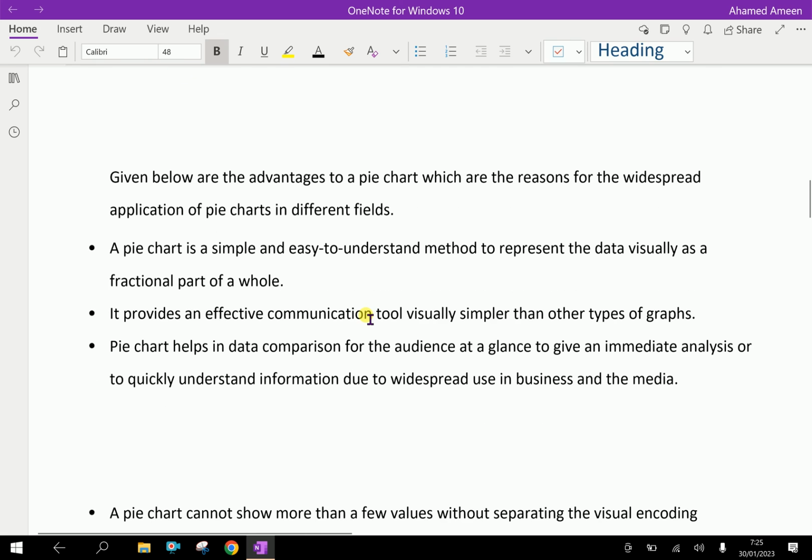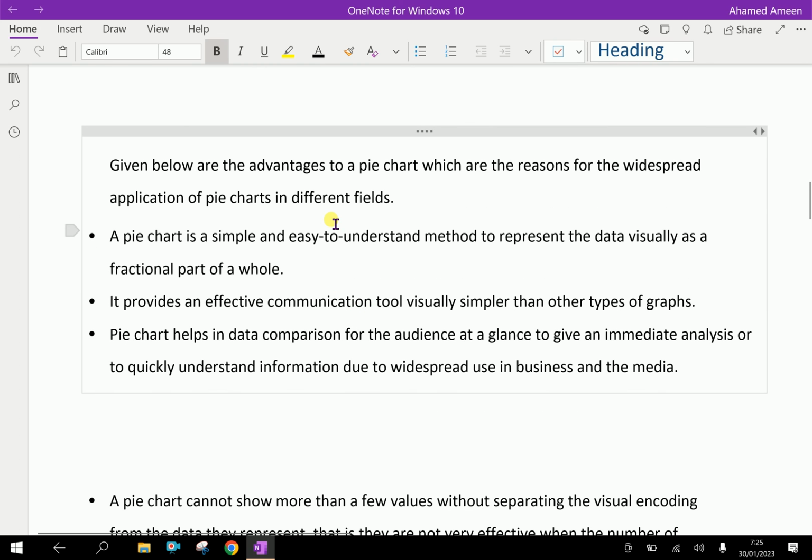Now given below are some advantages of a pie chart, which are the reason for the widespread application of the pie chart in different fields. A pie chart is a simple and easy to understand method to represent the data visually as a fractional part of the whole.